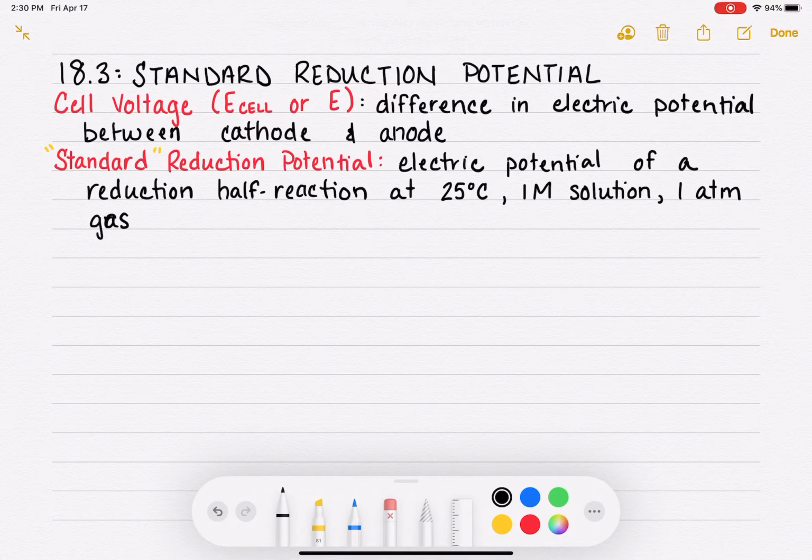So the reduction potentials are tabulated and accurate when the reduction is being conducted at 25 degrees C in 1 molar solution or with 1 atmosphere of gas. And we'll look at the reduction potentials.